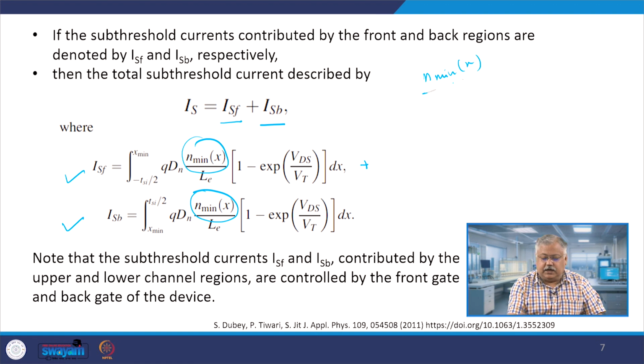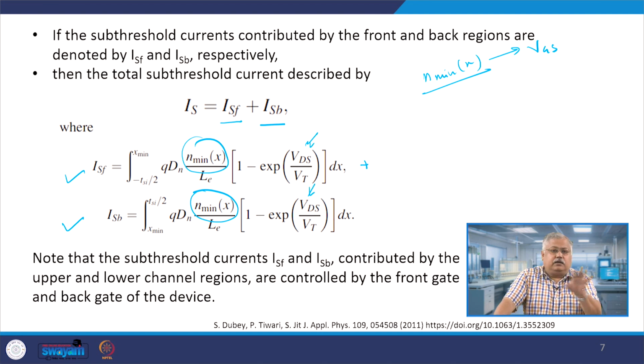So, VGS has an indirect dependency here, and therefore these two expressions VSF and VSB are primarily gate to source dependent quantities, and you do have a VDS quantity here which is directly visible to you and is given by these expressions here and here, right?